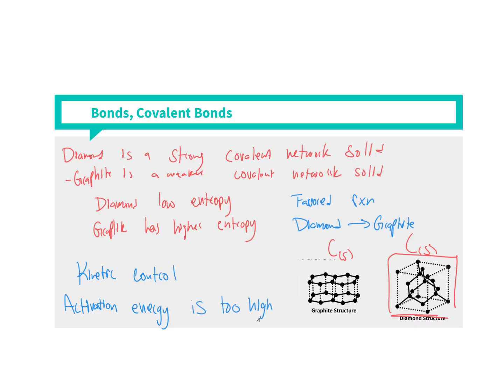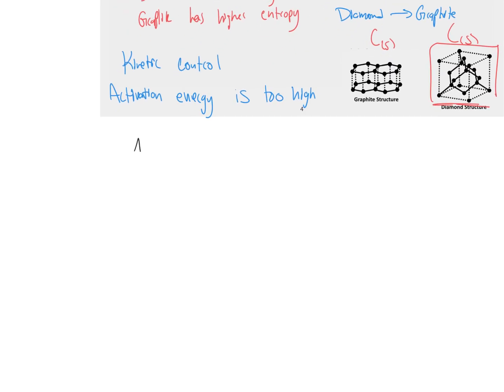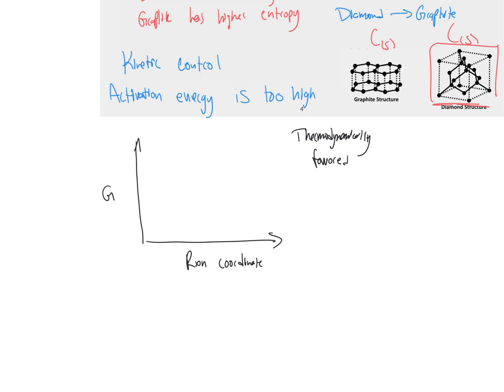And I explained that down here in kind of graphical terms. If you remember before, we have these reaction coordinates. And let's say on the side here, I have G, the amount of free energy. In a thermodynamically favored reaction, what would happen here is that the energy of the reactants is going to be higher than the energy of the products.